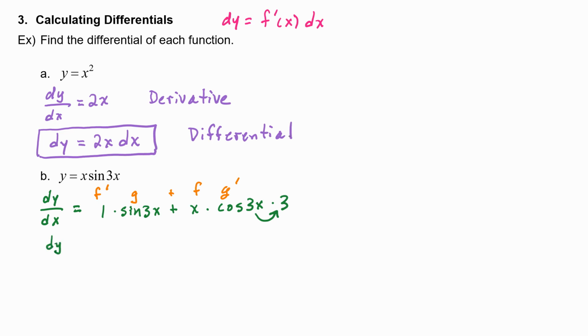So dy dx is equal to sine 3x plus 3x cosine 3x. So this is the derivative form.